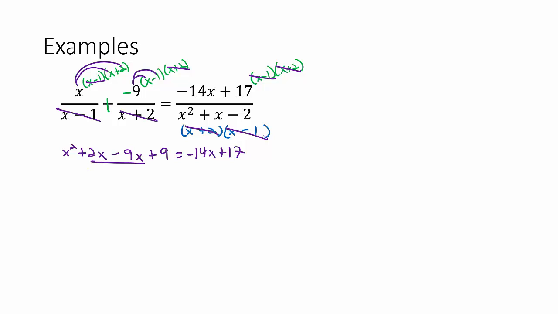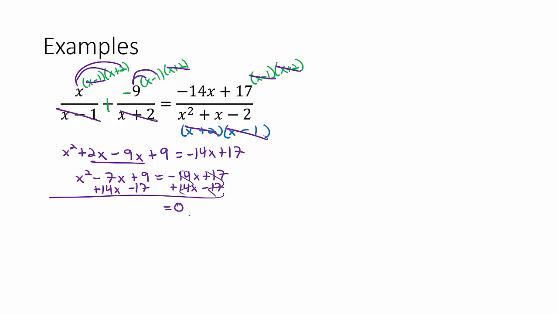Let's clean up the like terms. So we have x squared minus 7x plus 9 equals negative 14x plus 17. Since we have x squared, we need it to be equal to 0. So we'll add 14x to both sides and subtract 17.